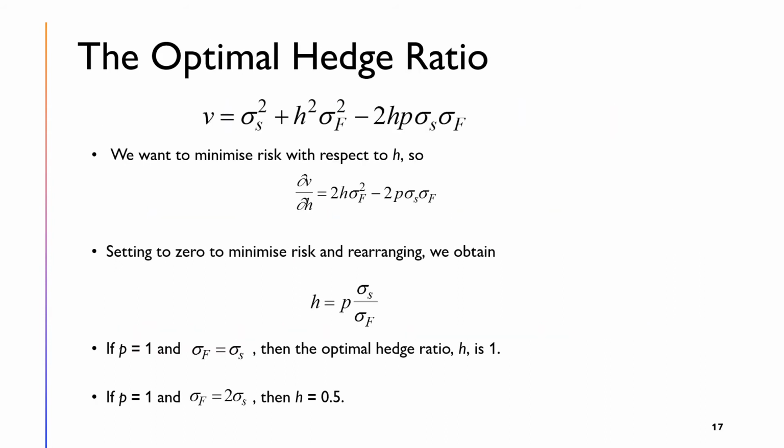As the optimal hedge ratio minimizes the risk of a portfolio, we differentiate risk or variance with respect to hedge ratio. Setting dV/dH to 0 and solving for H, we derive the equation for hedge ratio. The optimal hedge ratio depends on the correlation and standard deviations of spot price and futures price.